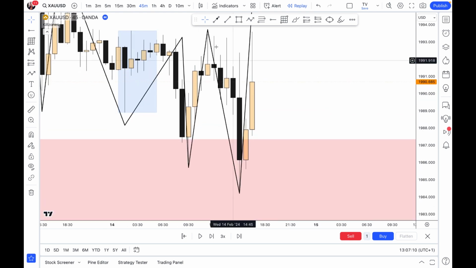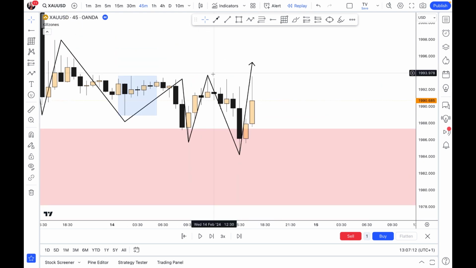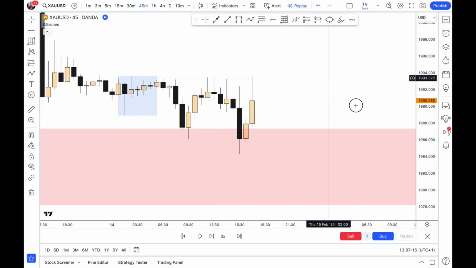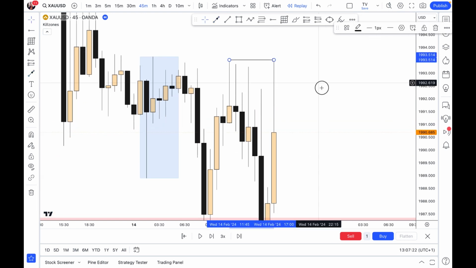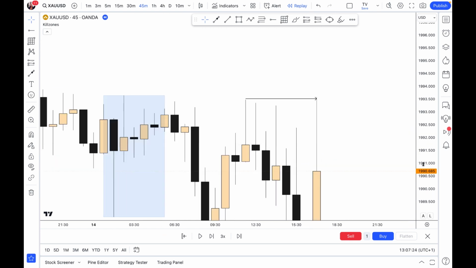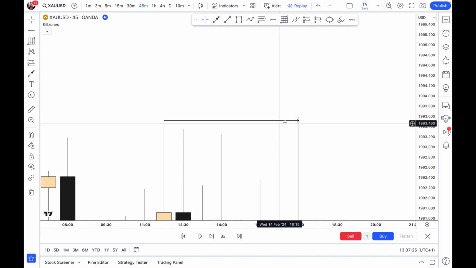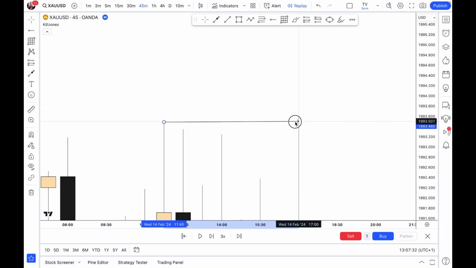Once we have that break above this level right here, once we've marked that out, this is the last lower high. Market has now taken it out. Please note that it might even just be a very small wick that took out that zone. It is a break of structure.